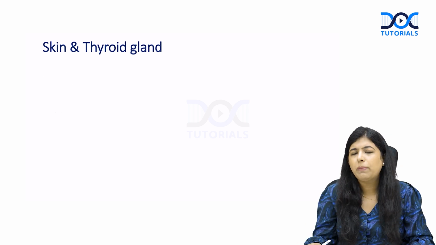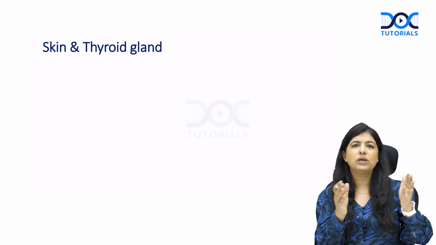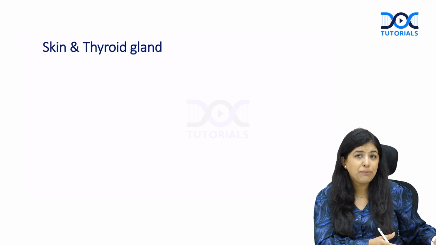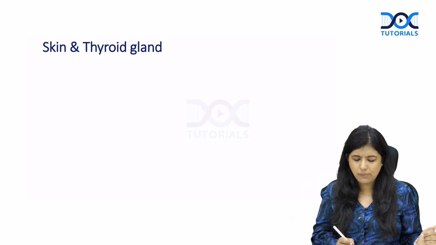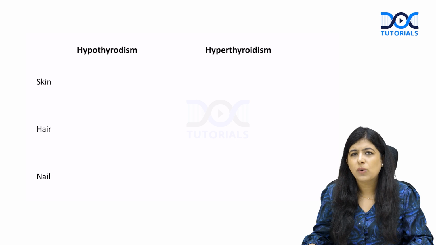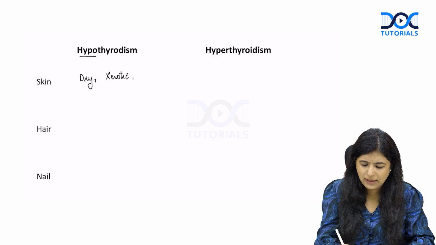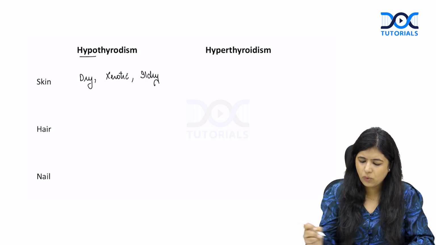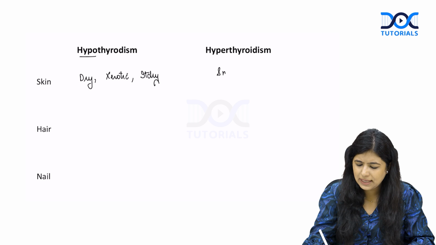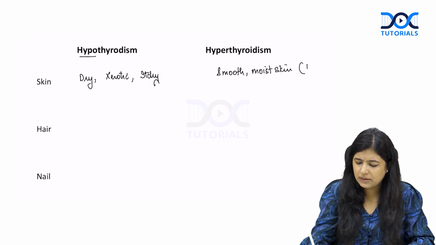Now, when we talk about the thyroid gland, we could either have manifestations of hypothyroidism or hyperthyroidism. So let us see what happens in both of them. In hypothyroidism, the skin becomes dry, xerotic, and itchy, while in hyperthyroidism, it is a smooth, moist skin because of increased sweating.